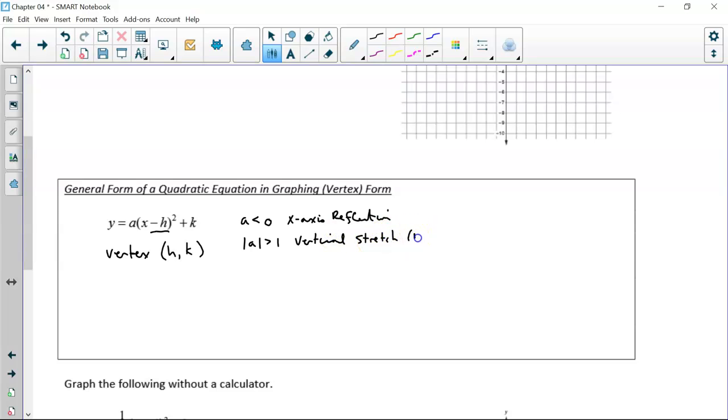That's when our graph is narrower. When the absolute value of a is between 0 and 1, we have a vertical compression. That makes the graph wider.